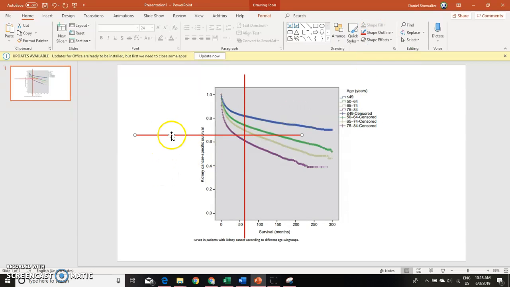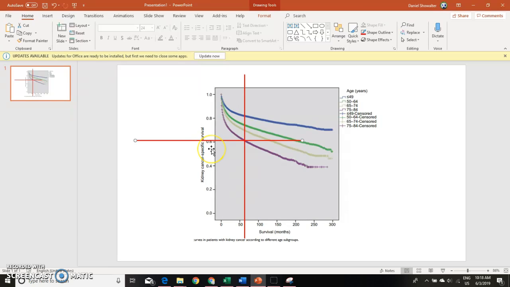Okay, so where that purple crosses there, we can see it's a little over 0.6. In other words, the 5-year survival rate for kidney cancer specific, we're not talking about people who get hit in an automobile crash or some other reason.